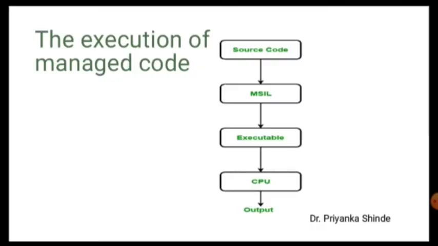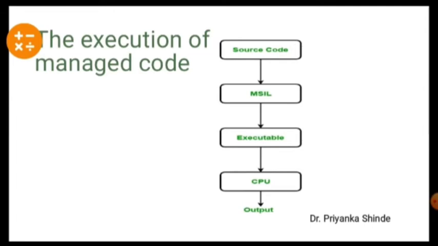See here, this is the process of execution of managed code. You can see in the case of .NET Framework, the compiler always compiles the managed code into the intermediate language, or we say MSIL.